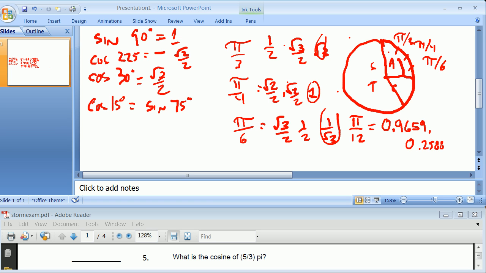So this would be cosine of 5/3 pi, equal to, all seniors take chemistry, right? It is 1/3 less than 6/3 pi. Therefore, it's the same as pi over 3's cosine, and it is in fact a half.